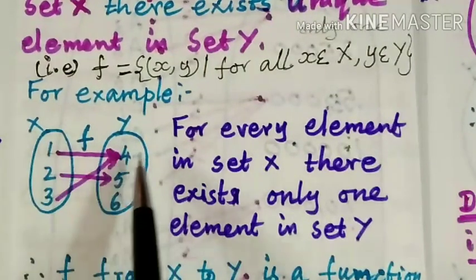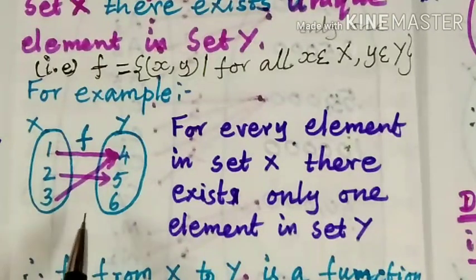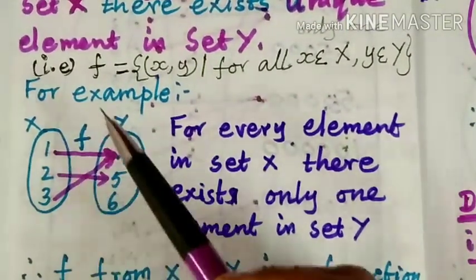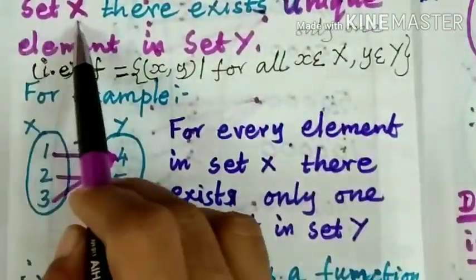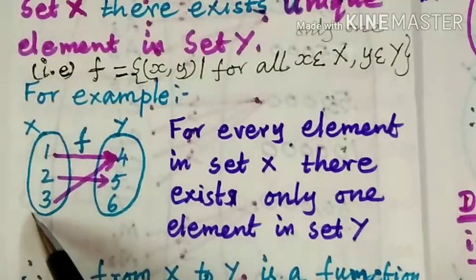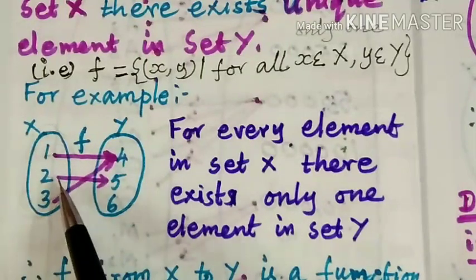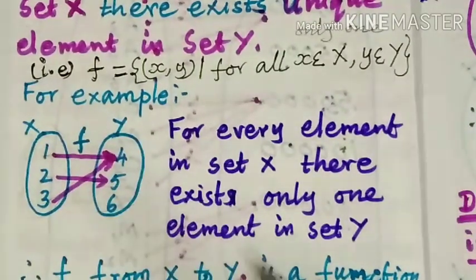Now observe whether this arrow diagram is a function or not. From the definition, every element in set X, that is all the elements in the first set, is associated with a unique element in set Y.